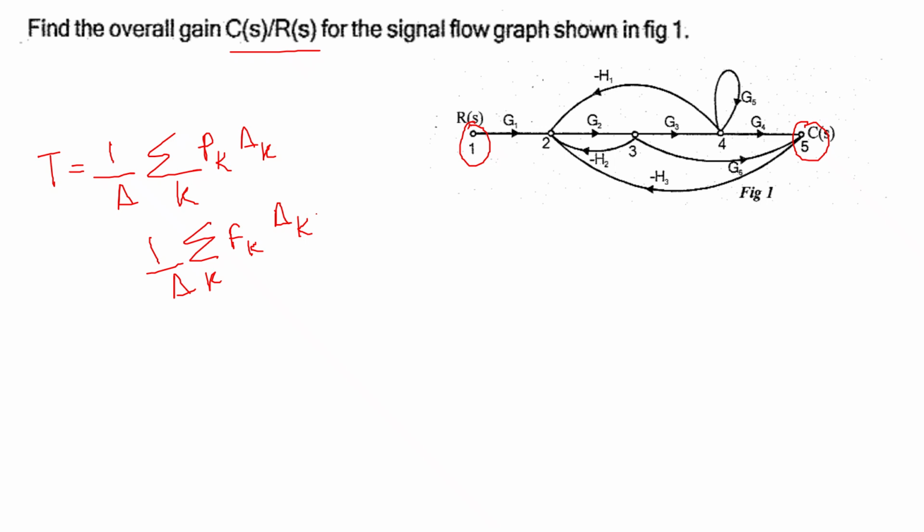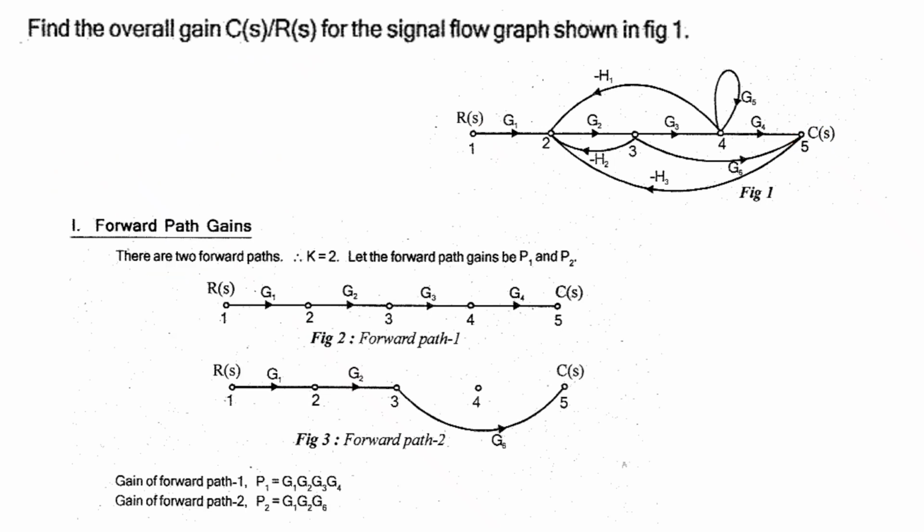As you analyze the signal flow graph provided, we can find 2 forward paths. Starting from 1, 2 to 3 to 4 to 5. So the path taken is 1 to 2 to 3 to 4 to 5.